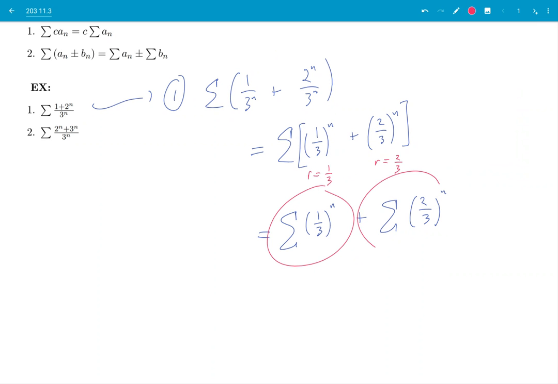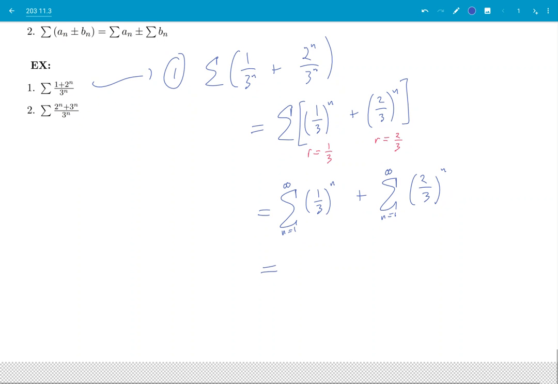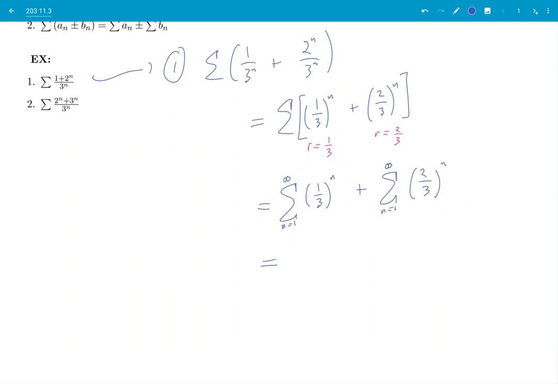So I have 2 geometric series. In both cases, I use A over 1 minus R. My series are starting at 1. So for this guy, the first term is 1/3, and the R is also 1/3.